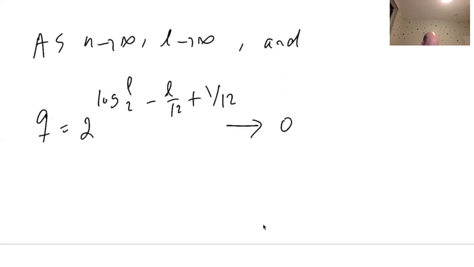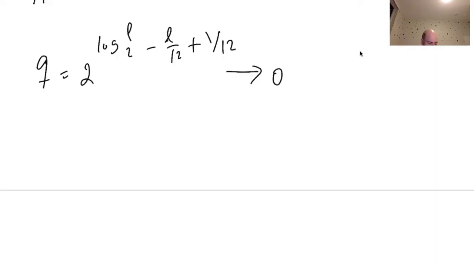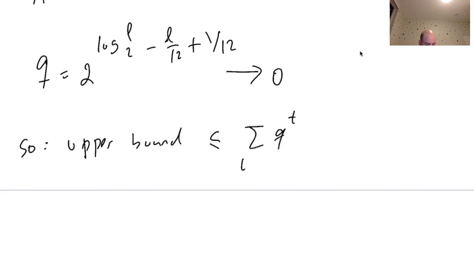So what do we have now? The upper bound will be less than or equal to the sum of q to the power t, t from 0 to infinity, which is 1 over 1 minus q, right? It's some powers of q, so of course it's less than or equal to the whole geometric sum, which is 1 over 1 minus q.